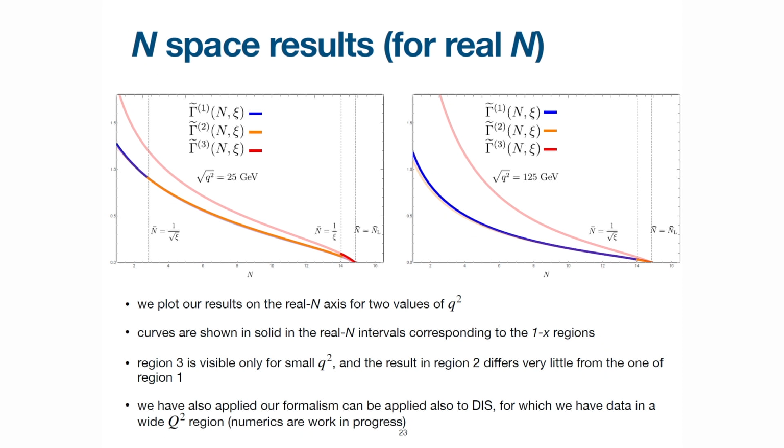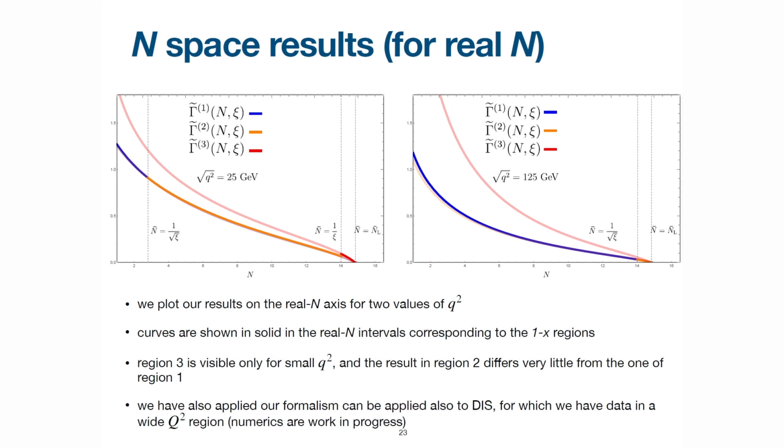So the first thing you notice is that this effect, gamma 3, so this is the massive region, is important only if you have a hard scale which is not so hard. If you look instead at the Higgs decay, it is not important. Actually, you reach the Landau pole before reaching this transition point.